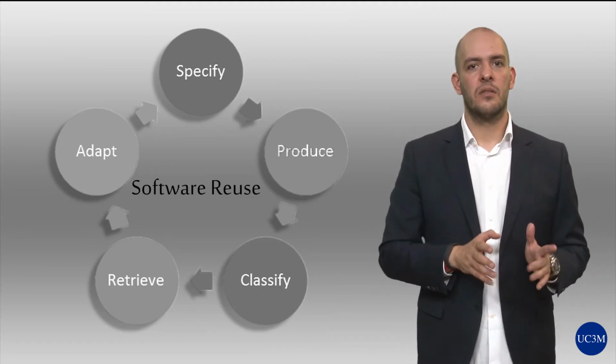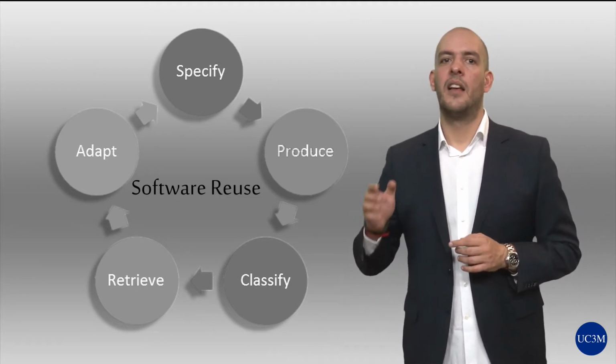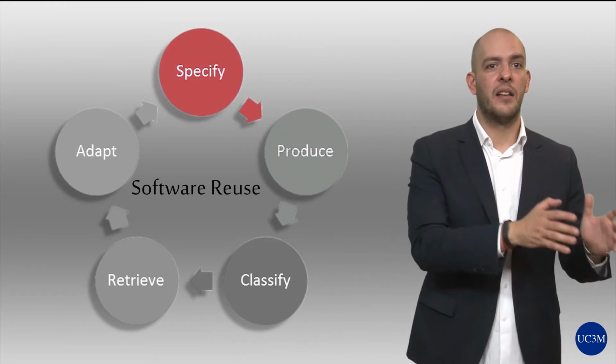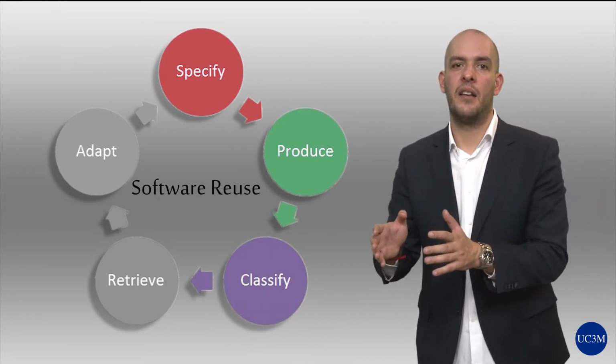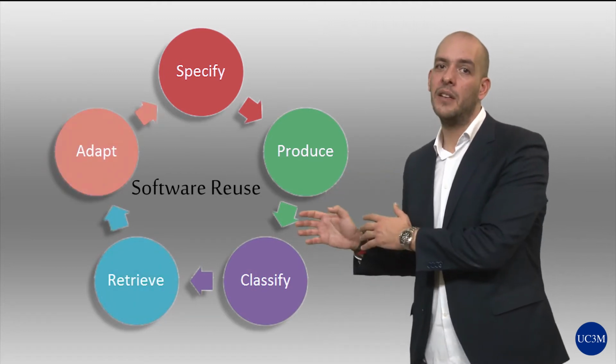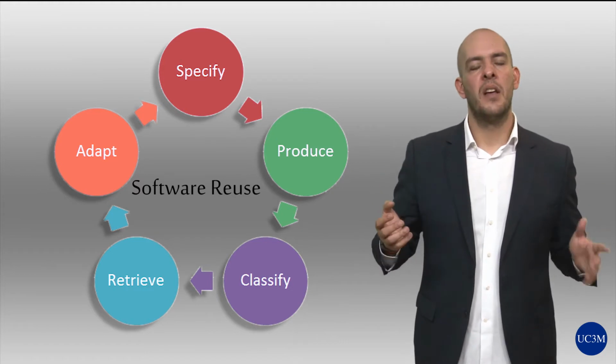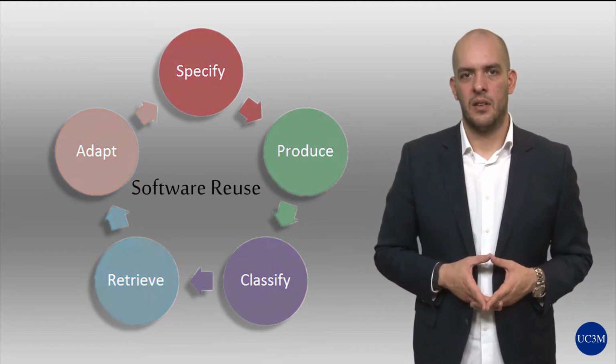Software reuse is commonly defined as a process to systematically specify, produce, classify, retrieve, and adapt software artifacts for the purpose of using them in a development process.